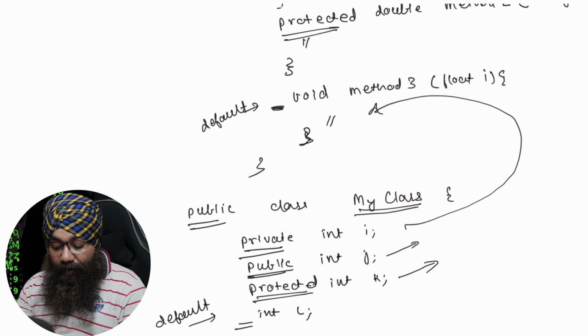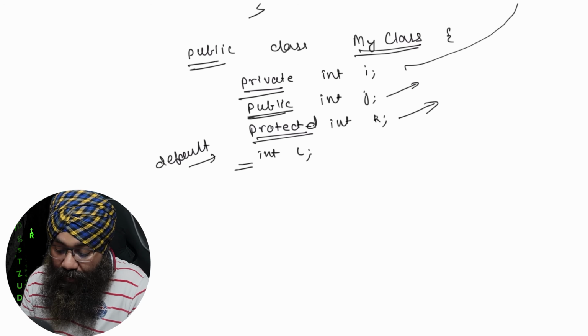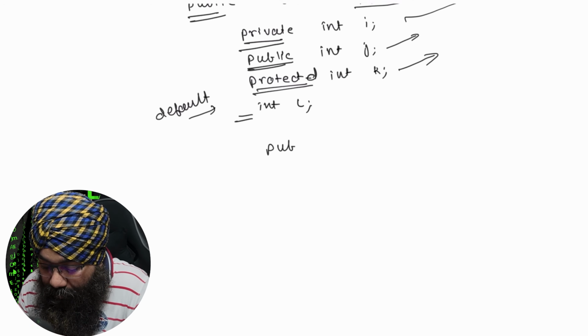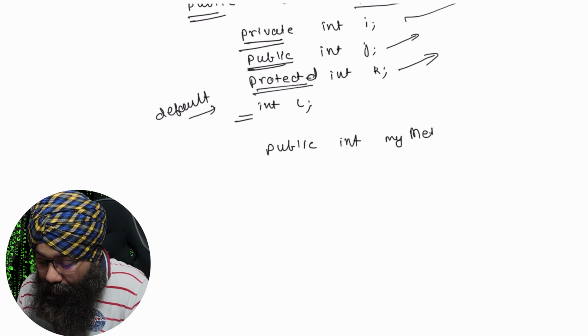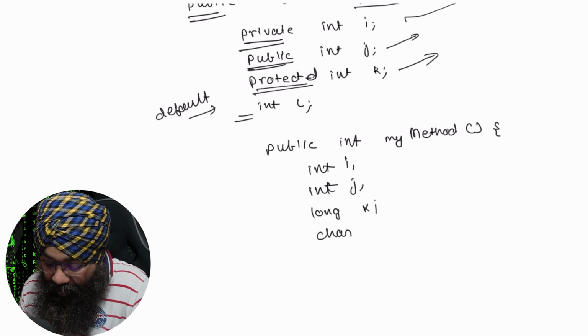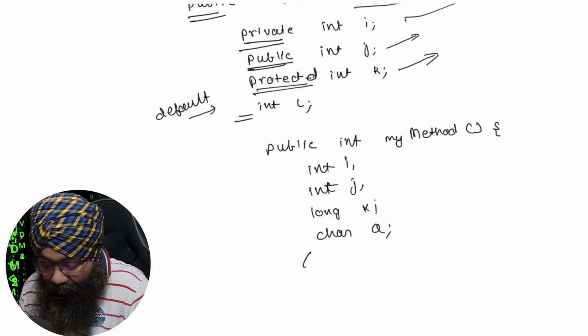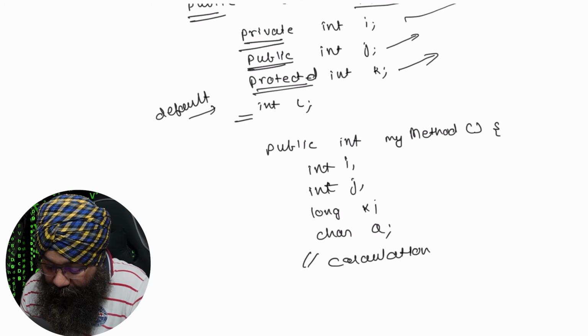And there, in method level variables, if we have a public int myMethod, here you can define int i, int j, long k, char a, and then you can do some business calculations as well, and then return a result.